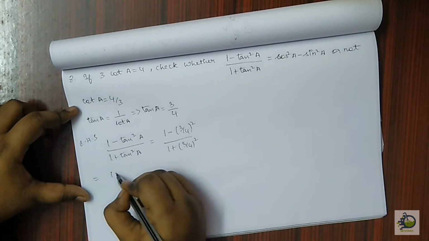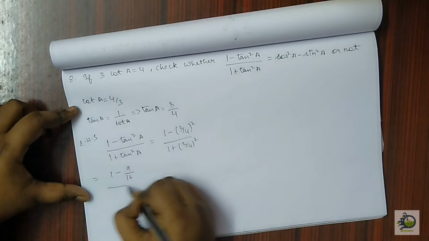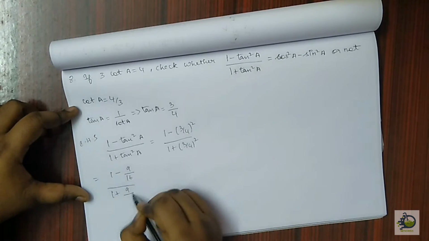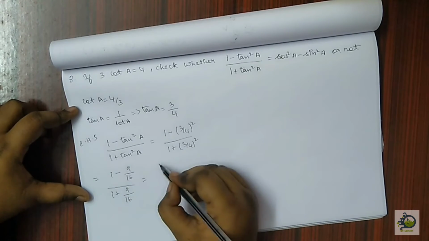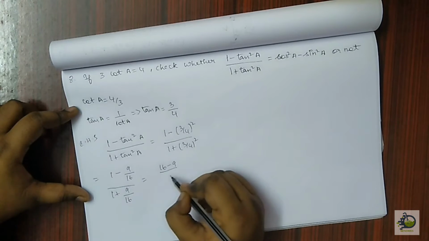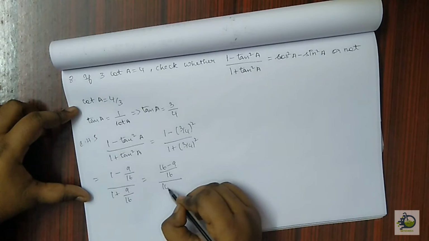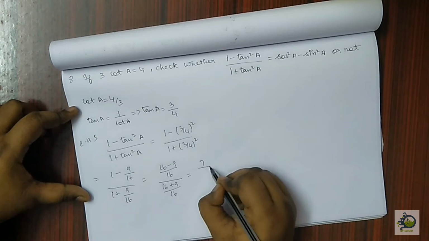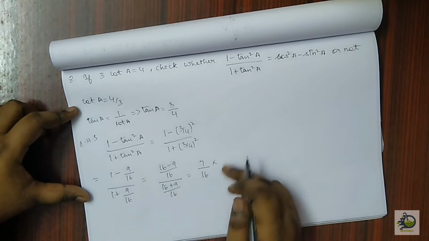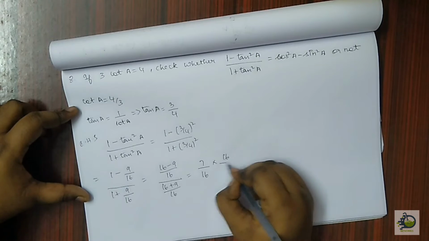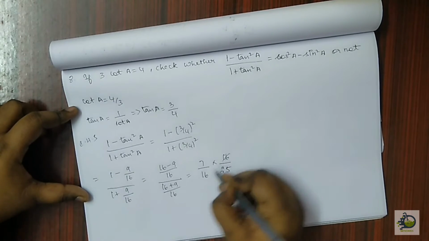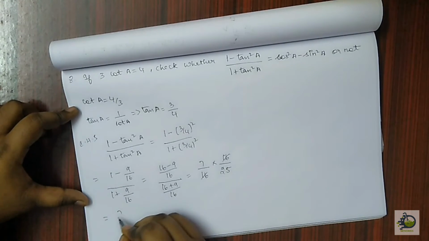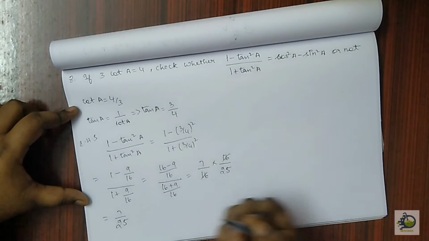It is 1 minus 9 by 16 divided by 1 plus 9 by 16. So when we take LCM it is (16 minus 9) by 16 divided by (16 plus 9) by 16. So it is 7 by 16 into, when this goes to the numerator it becomes 16 by 25. 16 gets cancelled and we get the answer as 7 by 25.